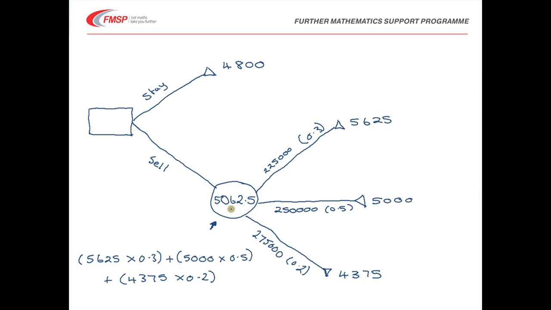So now we've got an outcome here and an outcome here, and we compare the two. Because this is the amount he's paying out, these are costs to him, he wants the smaller number, so the smaller number is 4,800. So the 4,800 goes in that decision node. The decision is to stay in his house.